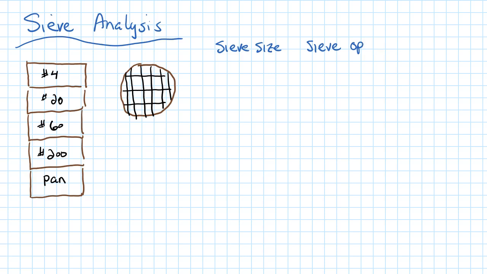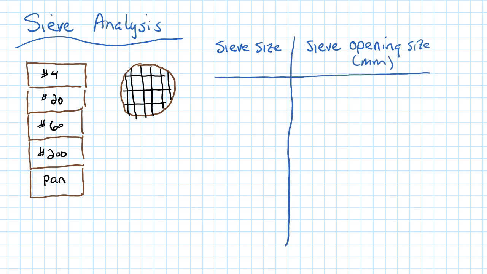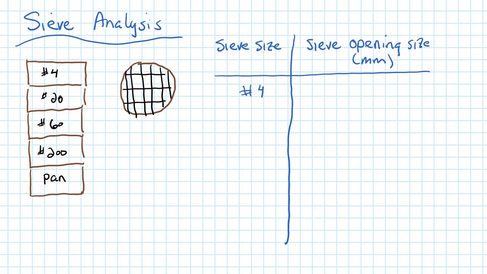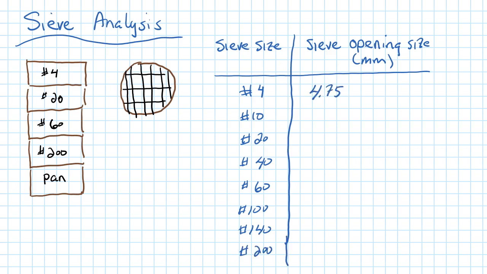We have a sieve size, which is designated by a number. On the left, you see these numbers: number 4, number 20, number 60, number 200. Each of those numbers has a corresponding opening size. Right now I'm listing the standard sieve sizes that are used to get the grain size distribution for sands.